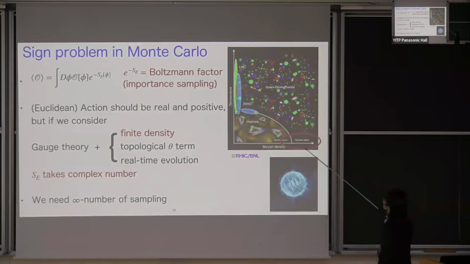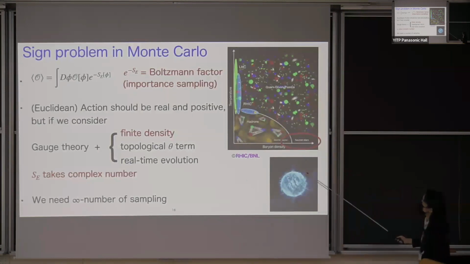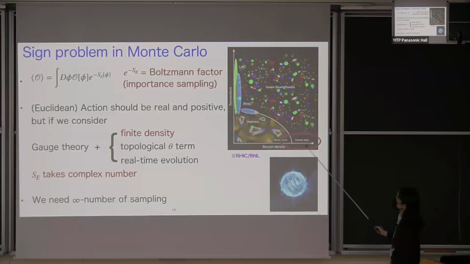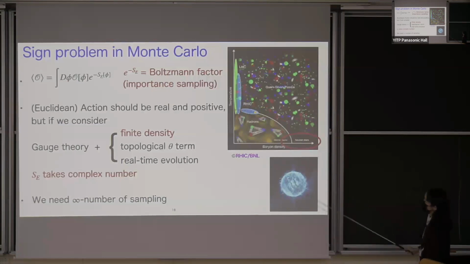But here, there is an important matter, the so-called neutron star. In the low temperature and high density region, there is a neutron star. It consists of neutrons, roughly 95%. So we believe it is definitely QCD matter.